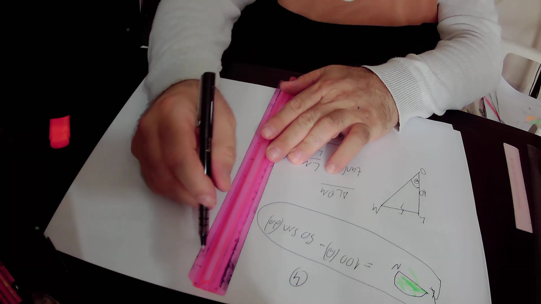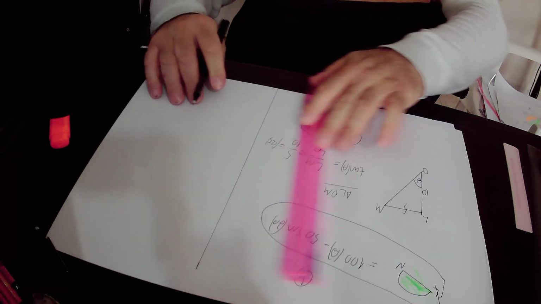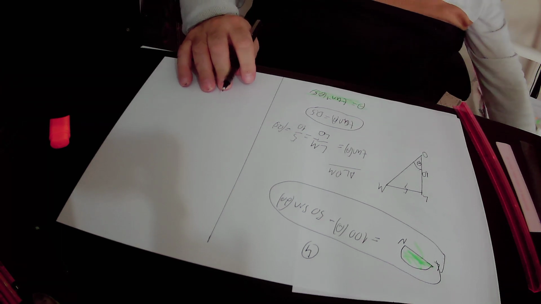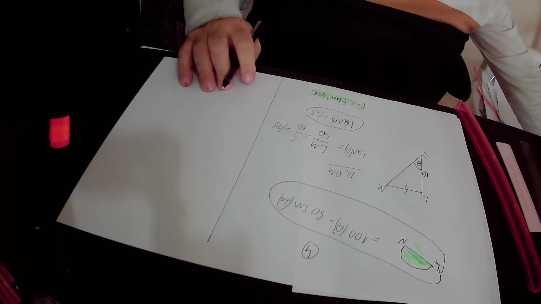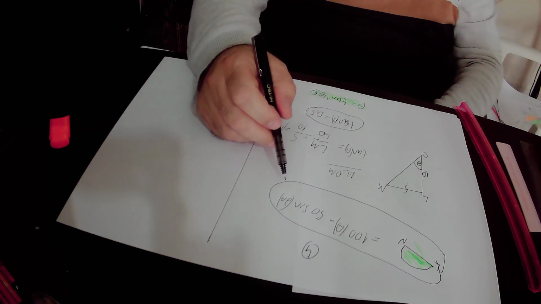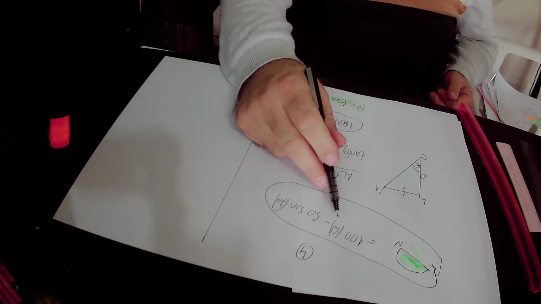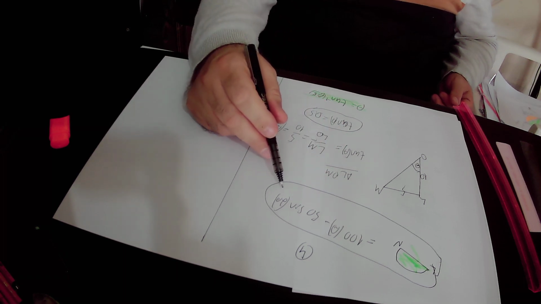In the next step we'll find out the value of sinus 2 theta that we have here in the formula. We have theta, so we already found out the value of theta. Now we'll find out the value of sinus theta.